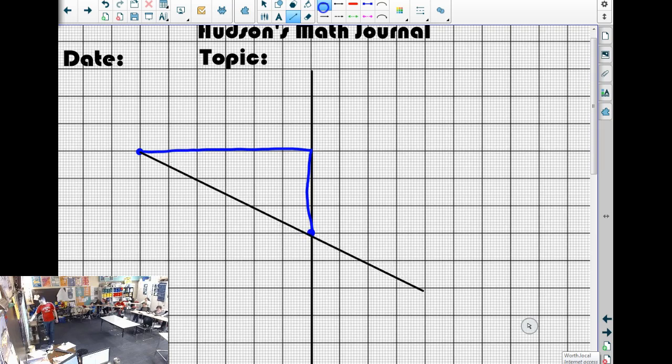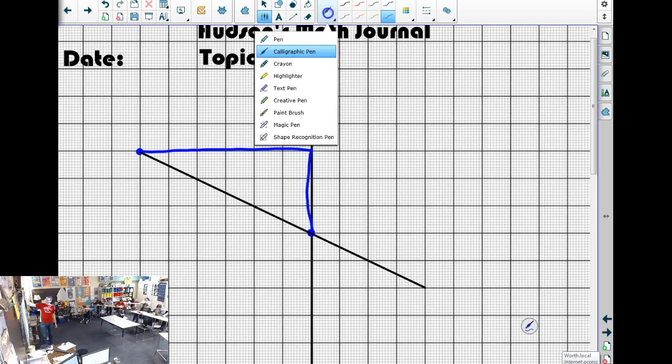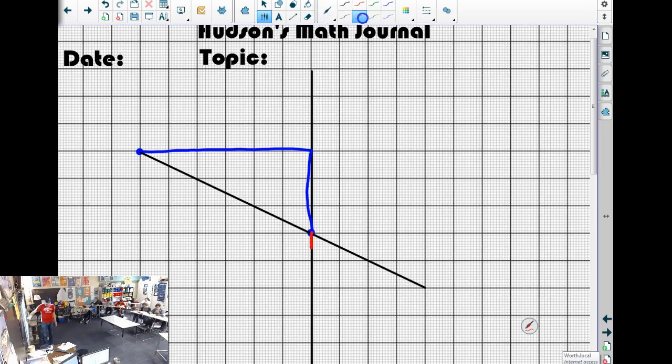Let's set these things are straight. I think that'll work. Yeah, so if I put that dot between like 2 and 3.